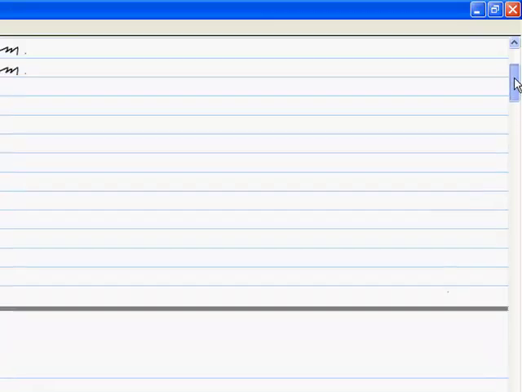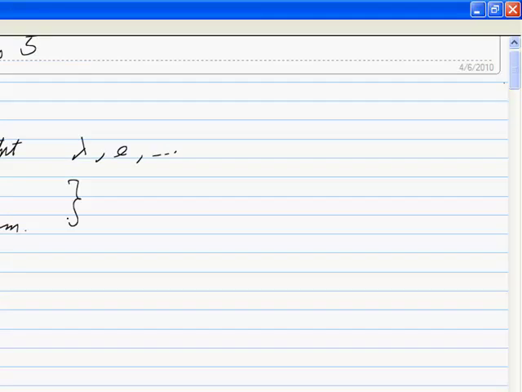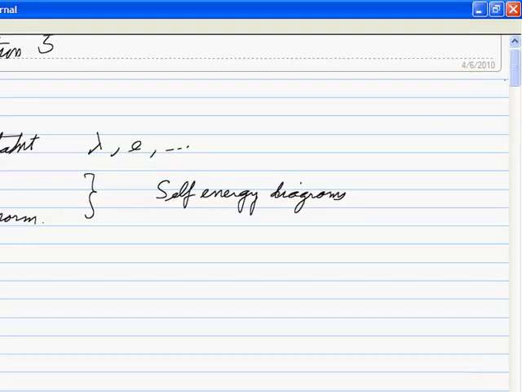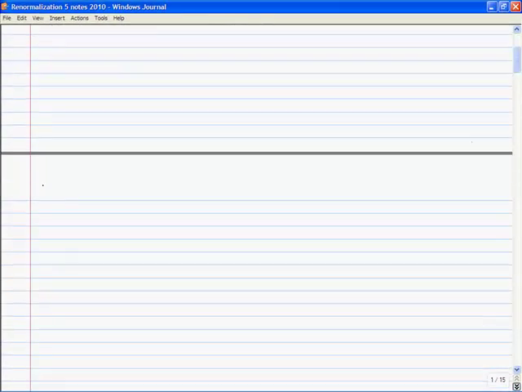Okay, so the place where we have these two still to do, the place where you do both of those, gets done in what are called the self-energy diagrams. And the place we do that is the propagator.